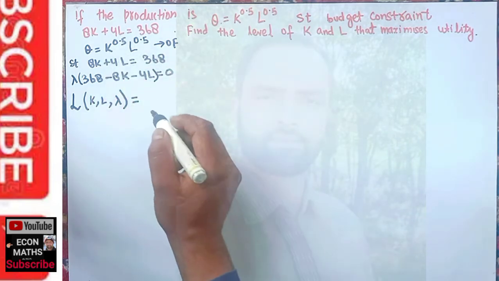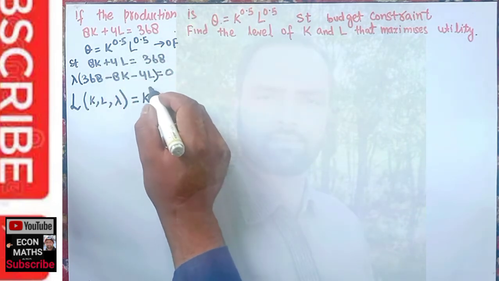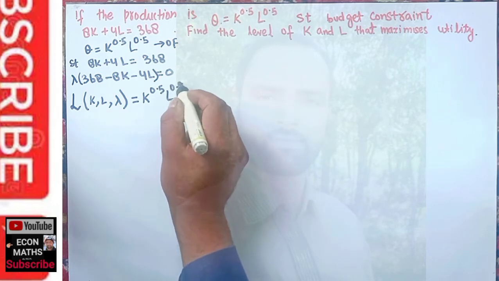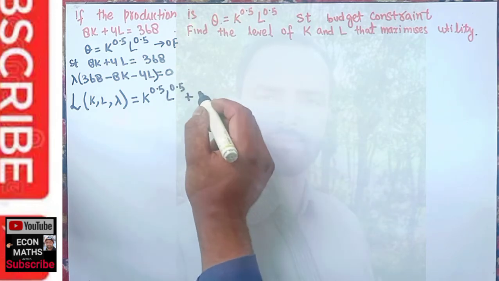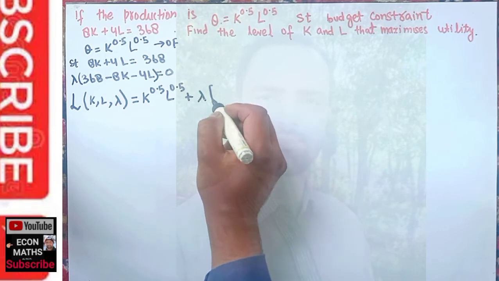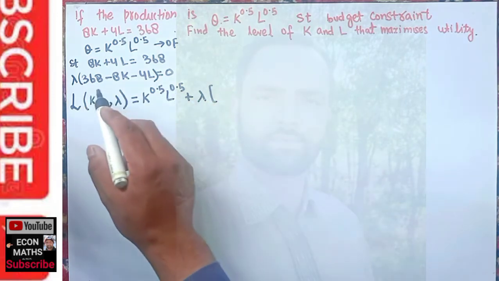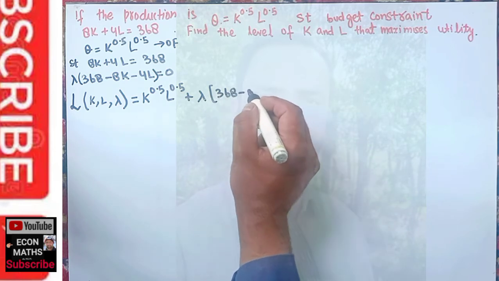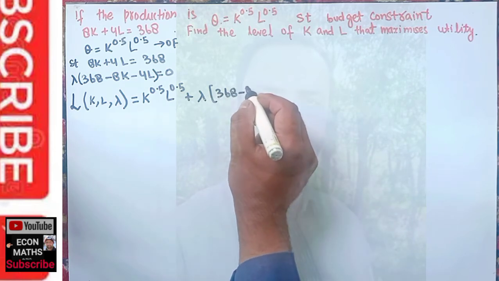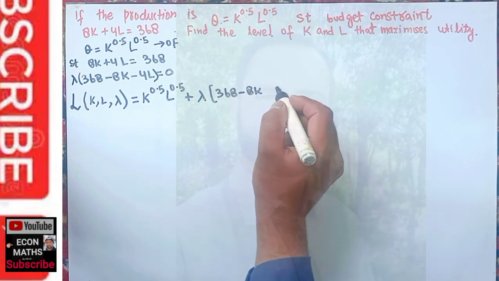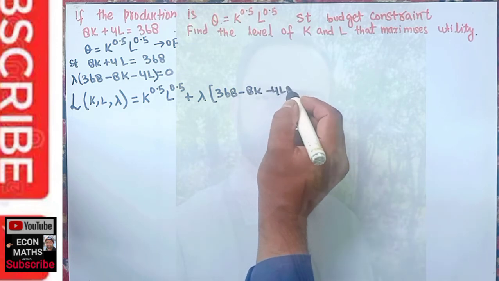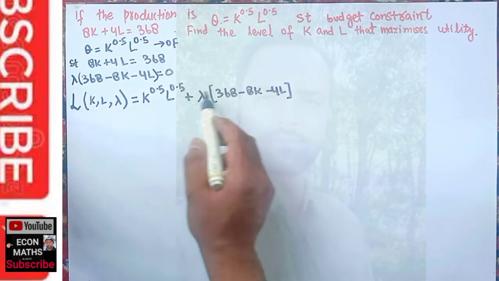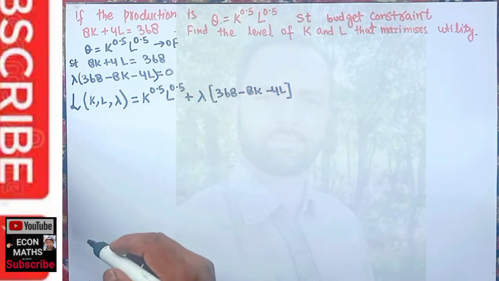So we write the objective function, that is k to the power 0.5 l to the power 0.5, plus we add our resulting constraint, that is lambda times 368 minus 8k minus 4l. Now we are given this Lagrange's function.